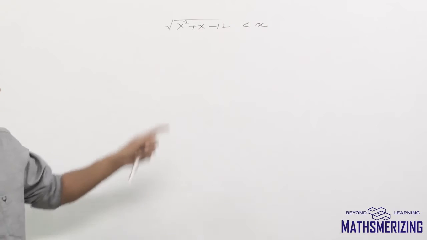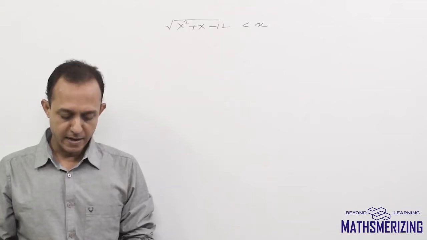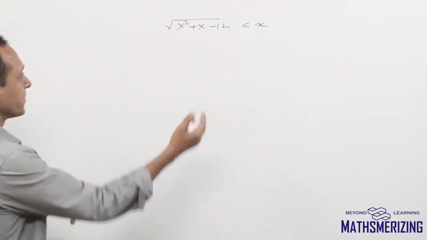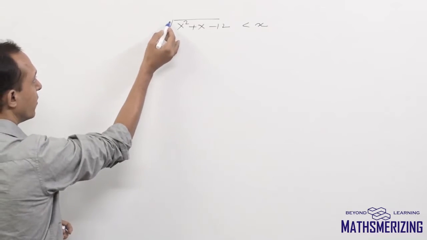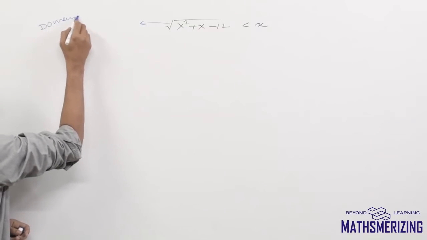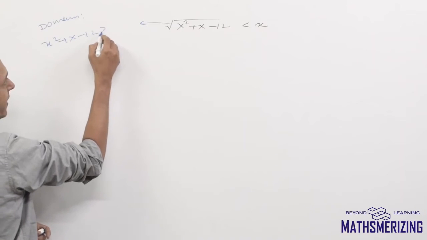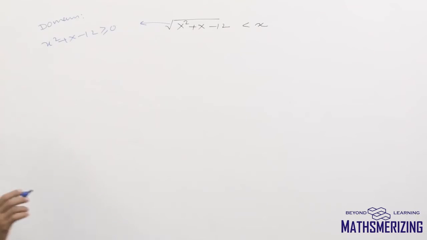So the question is, I need to solve under root of x square plus x minus 12 and it should be less than x. Now when I see an expression within a square root, the first thing I'll do is find its domain. So its domain will be x square plus x minus 12 greater than or equal to 0.